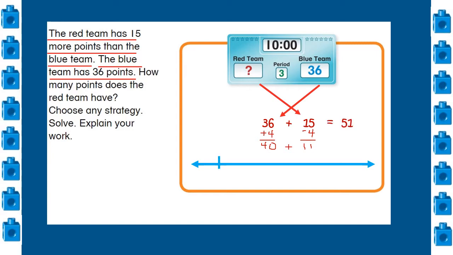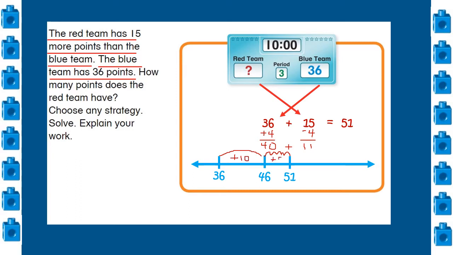is go down to our number line, our open number line, and have 36 and jump 10 to 46 and then jump 5, 2, 3, 4, 5 to 51. Now, why did I do 10 here and 5 here?